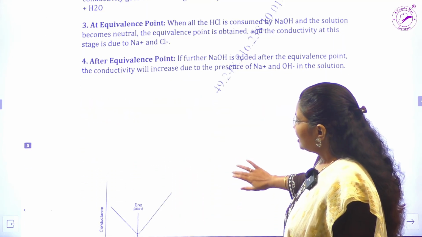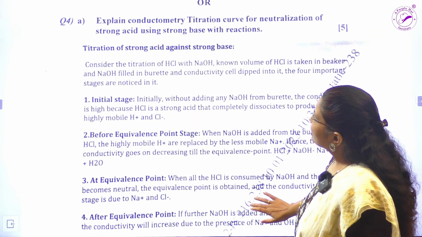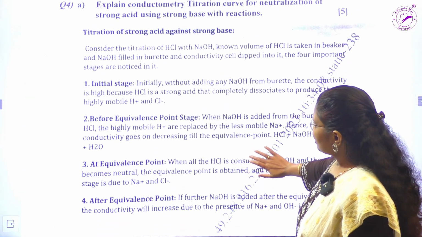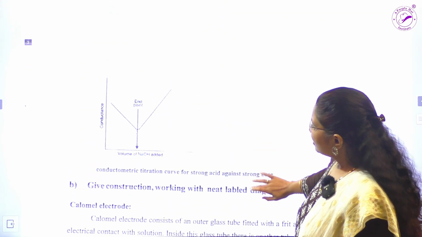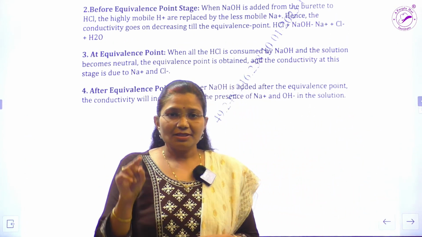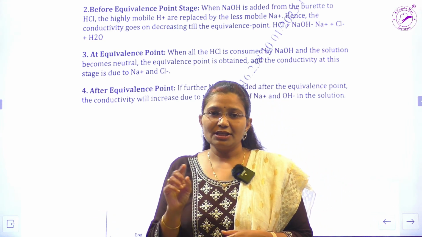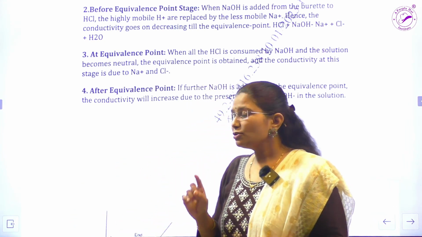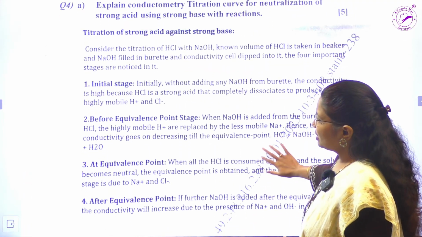Then the graph is necessary, and one more thing, you have to write the reaction. Here a reaction is not given, but you know that the reaction is there. What is that? HCl plus NaOH gives NaCl plus water, that is salt plus water. That also is mandatory to write here. Then you will get the 5 marks.